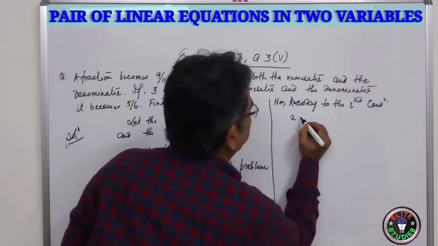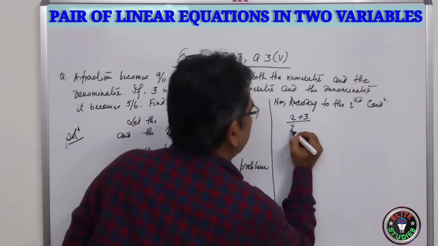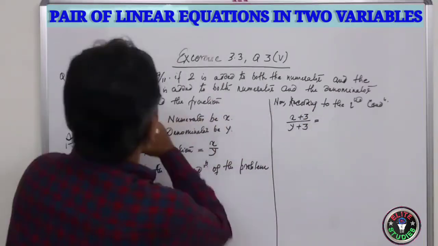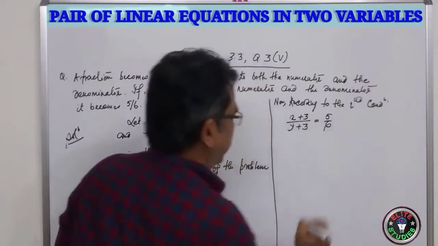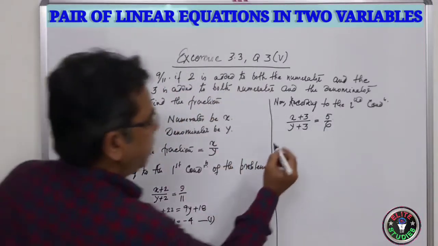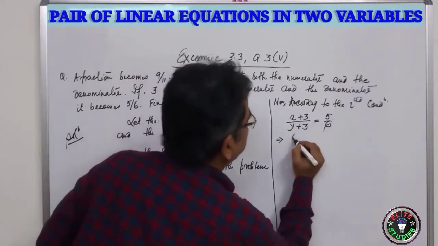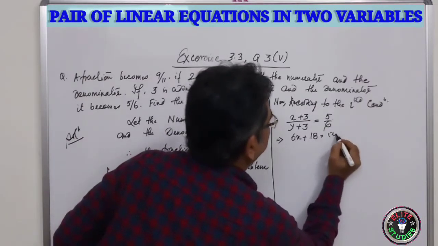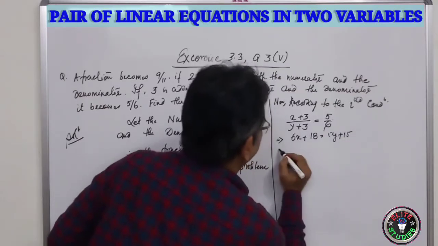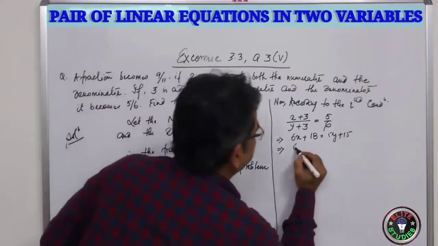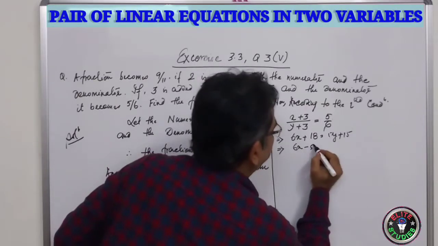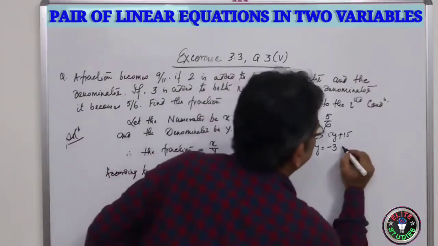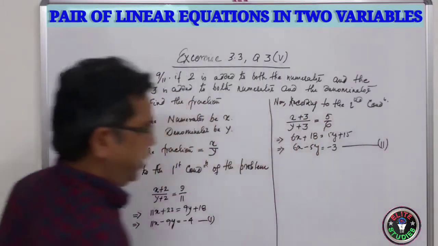So x is the numerator and 3 is added to it, y is the denominator and 3 is added to it, and then it becomes 5 by 6. Let us simplify. If you simplify, it will become 6x plus 18 is equal to 5y plus 15. This implies 6x minus 5y is equal to 15 minus 18, that is minus 3. This is the second equation.